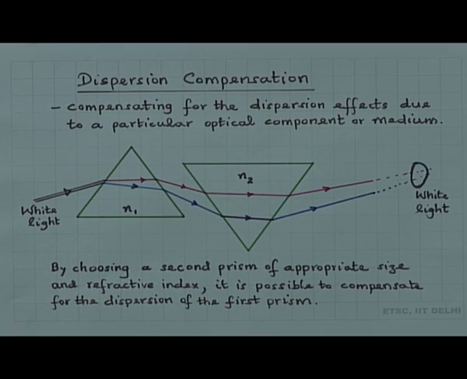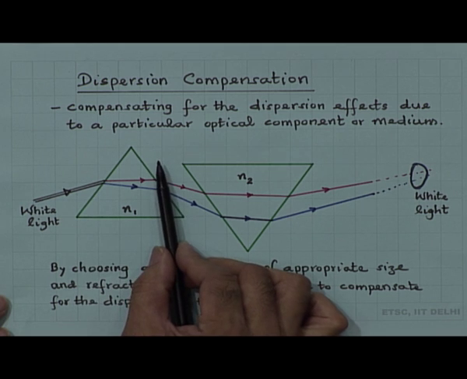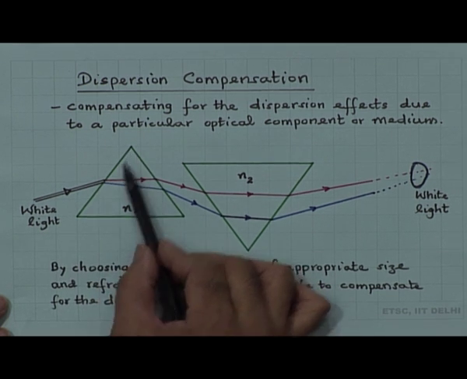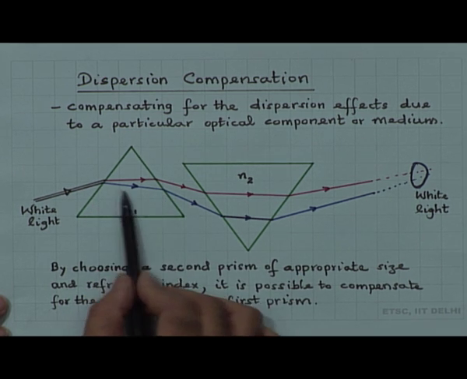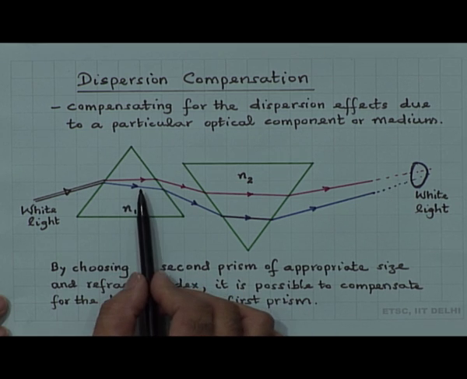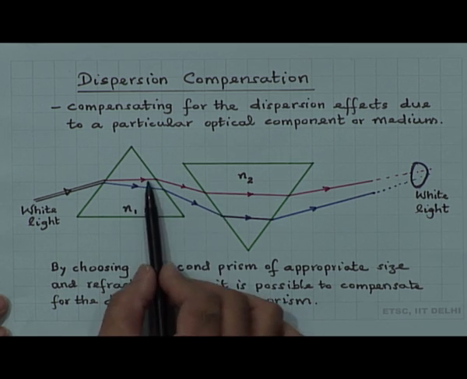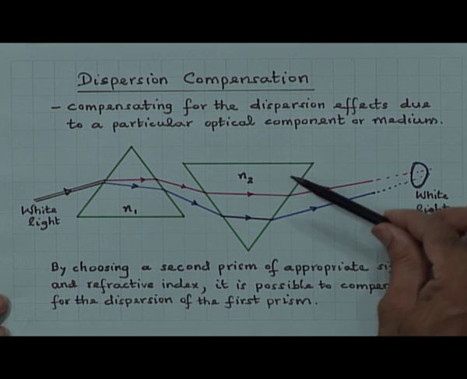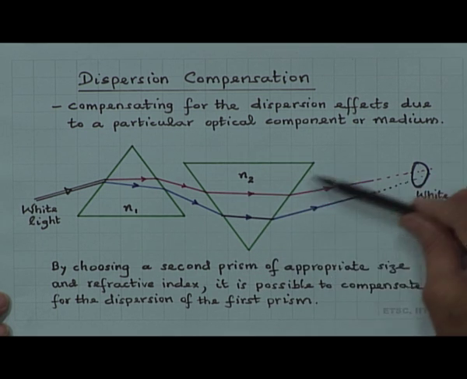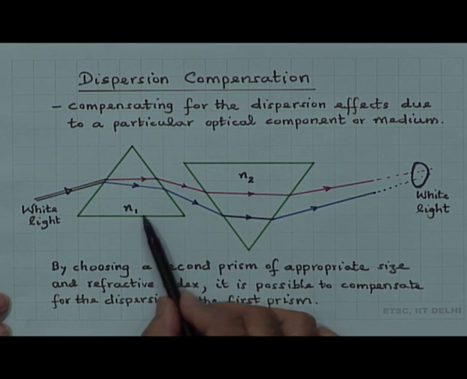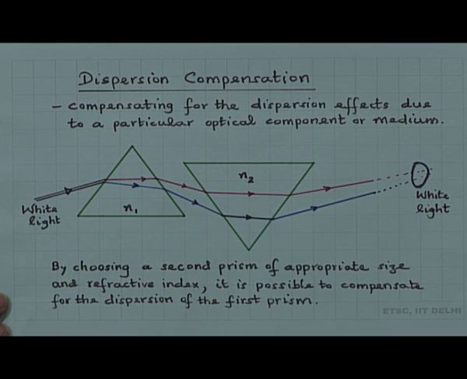What is shown here is a prism, with white light entering it, which leads to dispersion, that is, spreading of the component lights. Now, it is coming here. If we place another prism inverted as I have shown here, it could be of the same material or it could be of a different material.